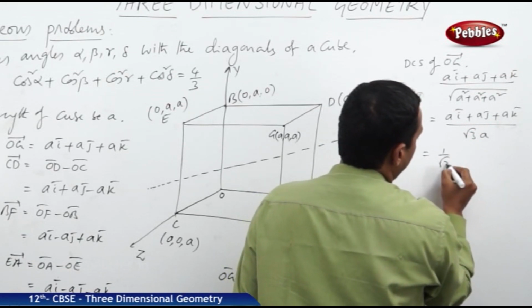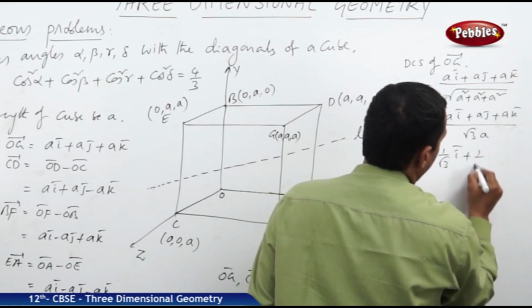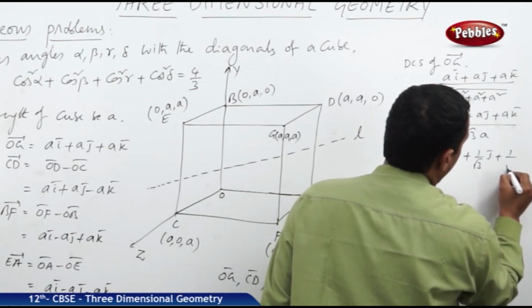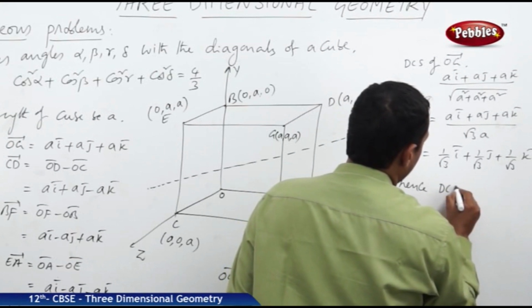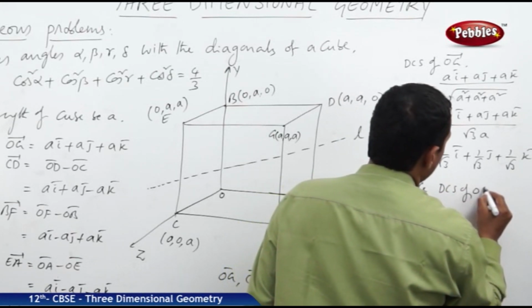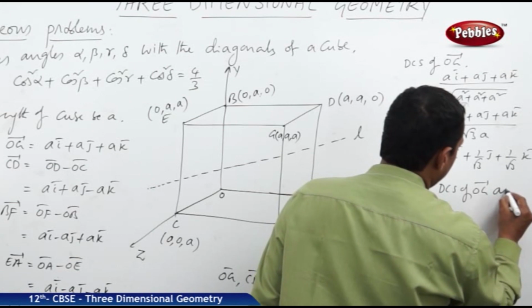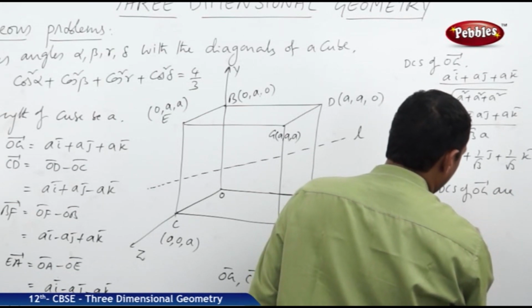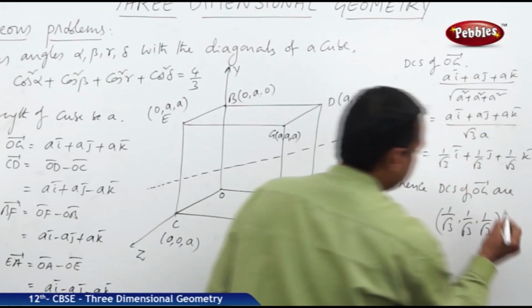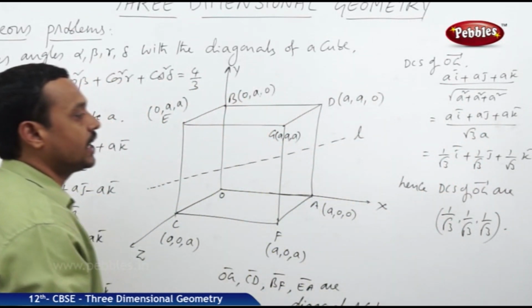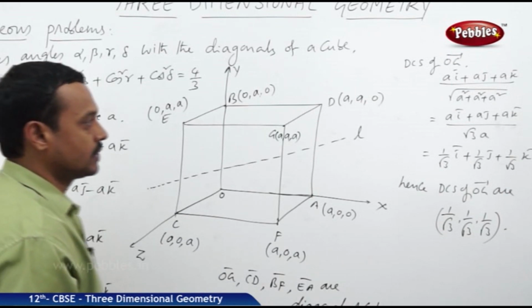So 1 by root 3 I plus 1 by root 3 J plus 1 by root 3 K. Hence, the direction cosines of the OG vector are 1 by root 3, 1 by root 3, 1 by root 3. Now these are the direction cosines of OG.